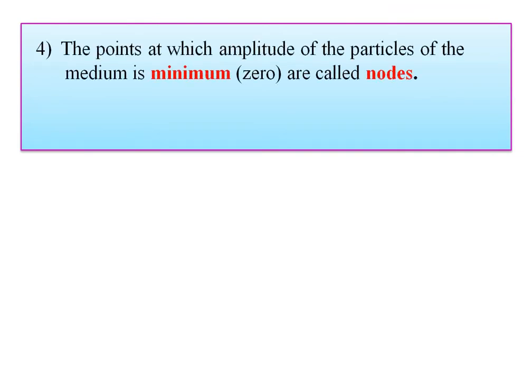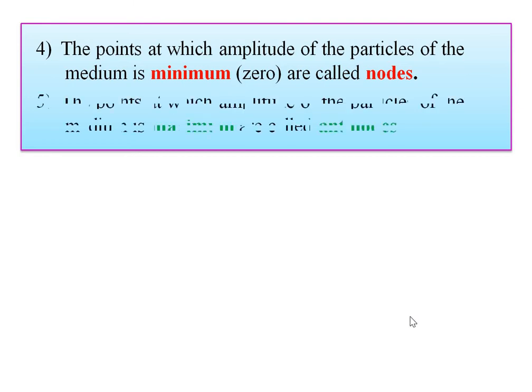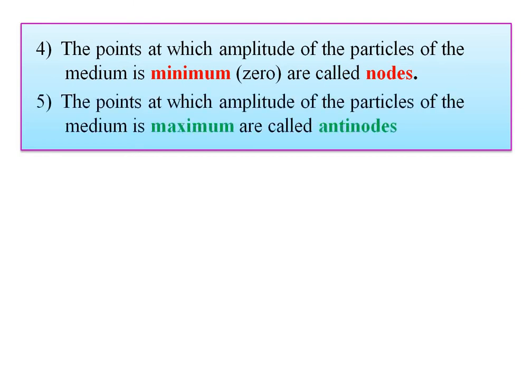The points at which the amplitude of particles of the medium is minimum, that means 0, are called nodes or node points. Another property: the points at which the amplitude of the particles of the medium is maximum are called antinodes.